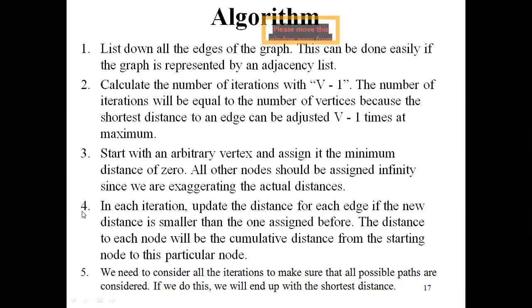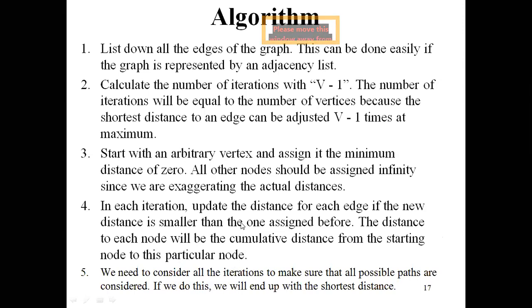In the fourth step, in each iteration, update the distance for each edge. If the new distance is smaller than the one assigned before, update it. The distance to each node will be the cumulative distance from the starting node to this particular node.